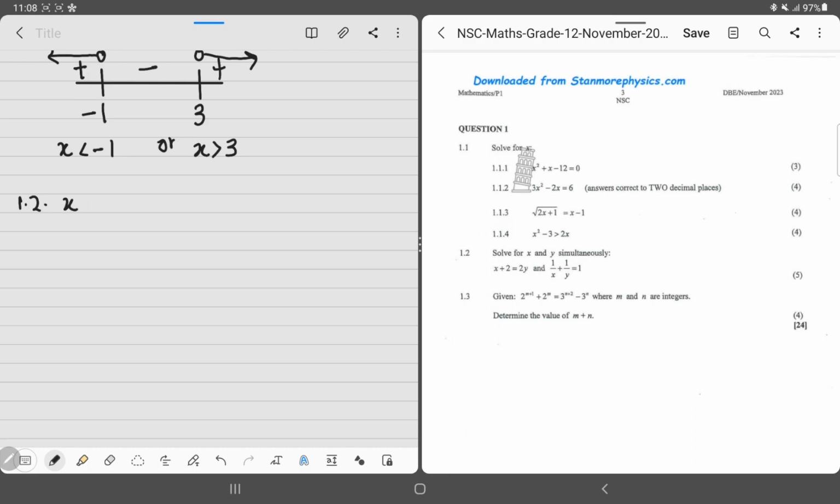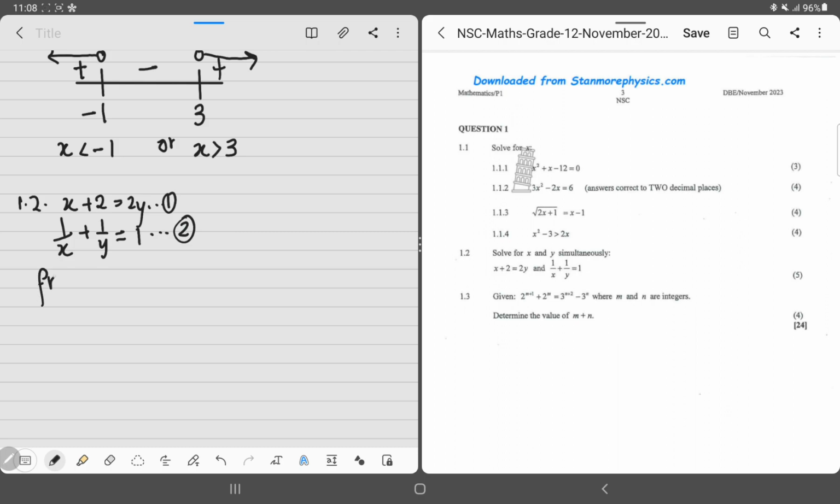So we have x plus 2 equals 2y. That's equation 1. And then we have 1 over x plus 1 over y equals 1, which is equation 2.